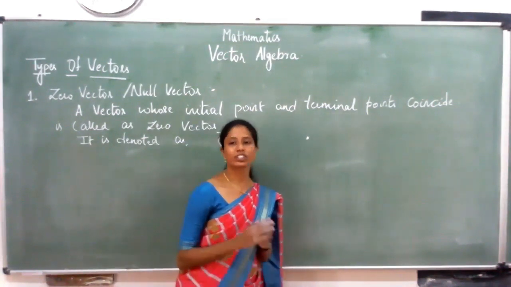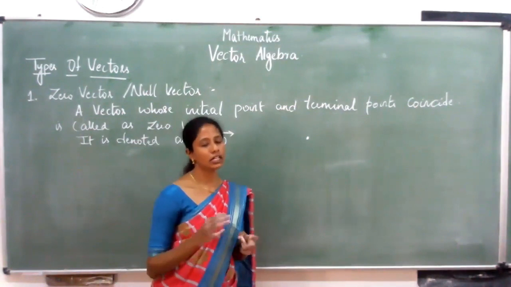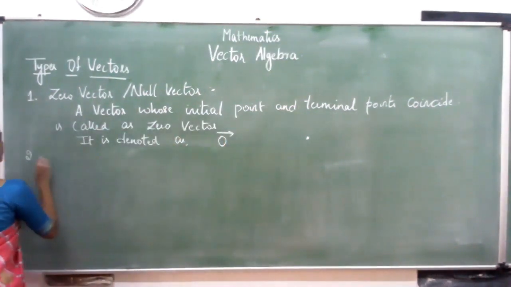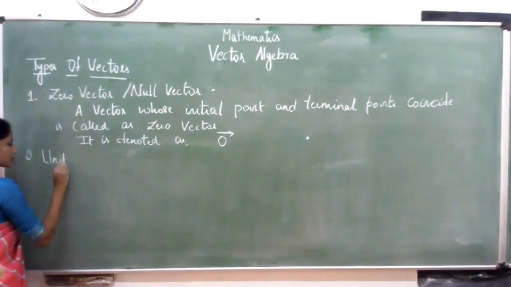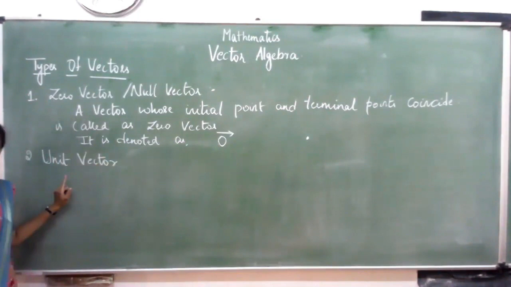What will be the direction of the zero vector? The direction can be any direction in case of zero. So next is unit vector. Very important. Unit is one.